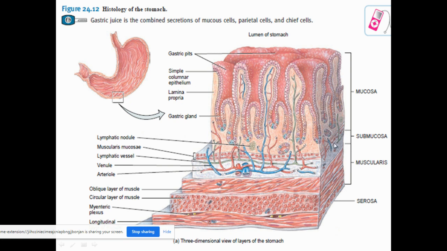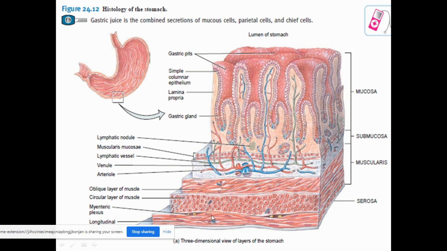Next comes the submucosa, which, as you know, is made up of connective tissues, blood vessels, lymphatic vessels, etc. Next, you have the muscularis. The muscularis layer is different from the other layers, where the other layers have only two kinds of muscles, the circular muscle and the longitudinal muscle. But here it has three layers of muscles: the oblique layer, followed by the circular layer, followed by the longitudinal layer.